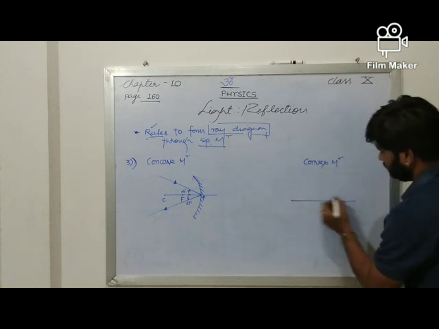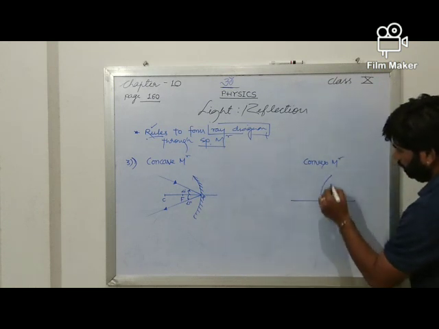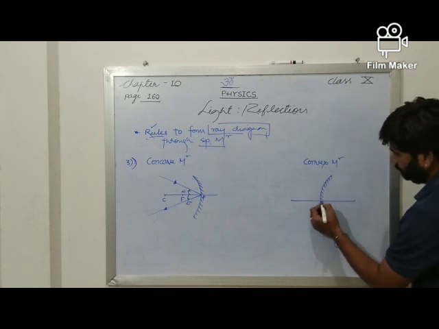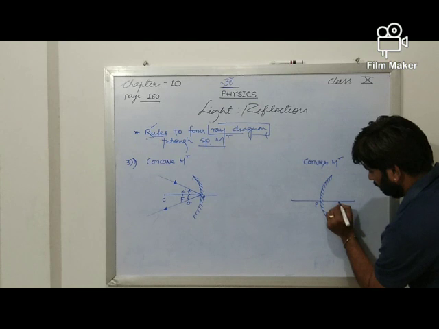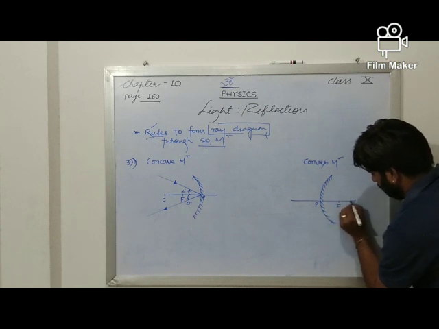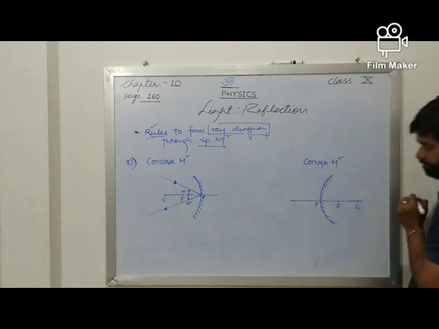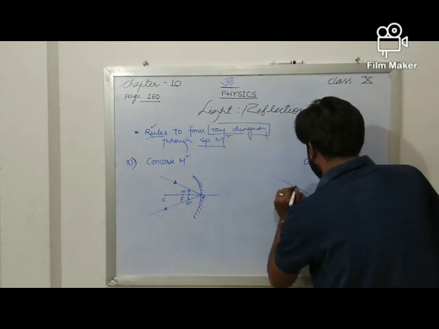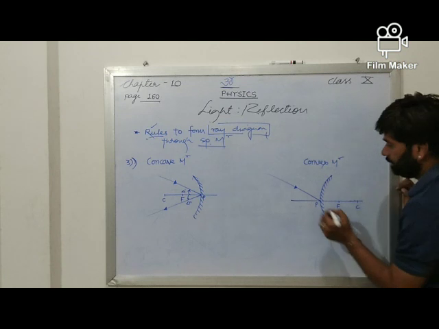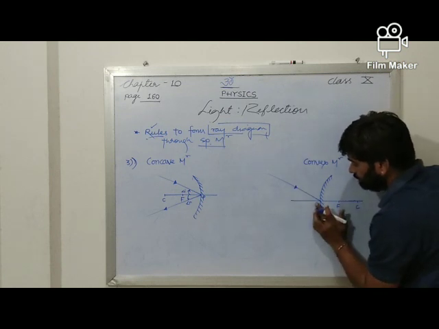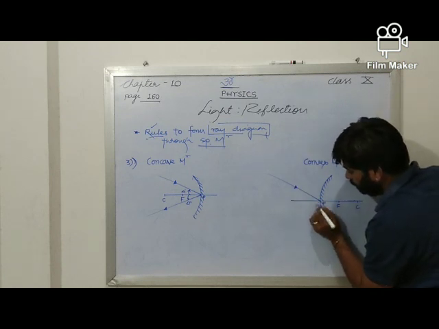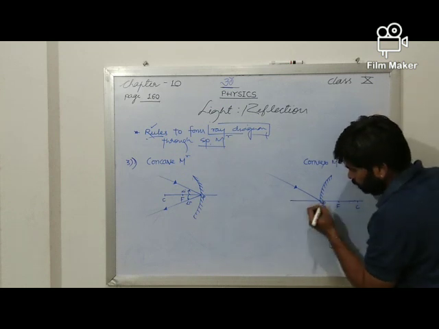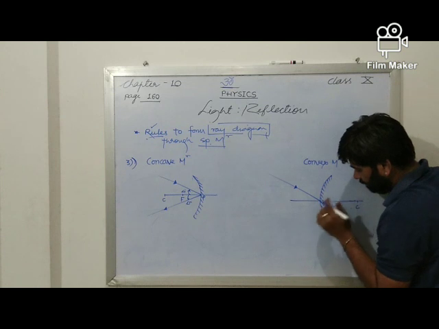Now this is the convex mirror. Again this is the pole, this is the focus, this is the center of curvature. Again when a light is incident over the pole, there is no case of 'appear to', because the pole is there on the surface, so there is no need to use the term 'appear' because it is there live.